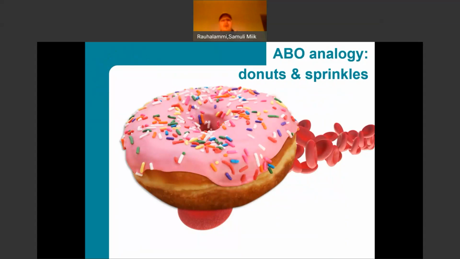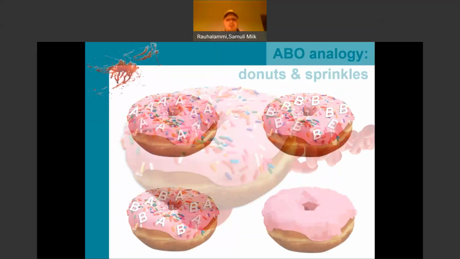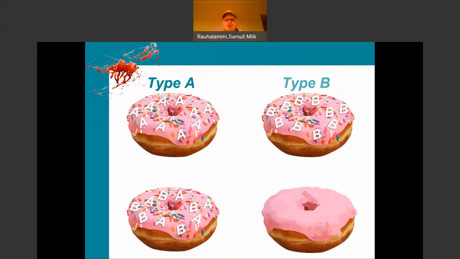Some people have donuts with A sprinkles. So they have A antigens on top of their donuts, or on top of their red blood cells. We call these individuals type A blood individuals. Some individuals have B sprinkles on their donut, so they're individuals with blood type B. Their red blood cells have B antigens on the surface.